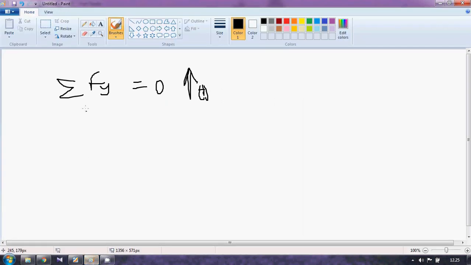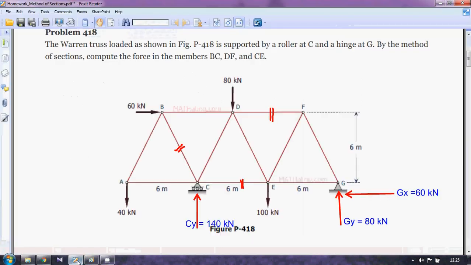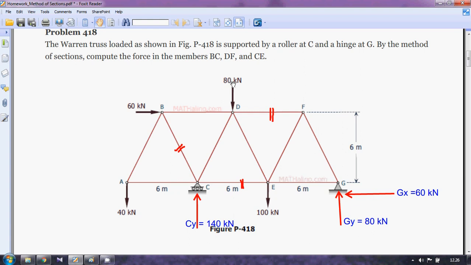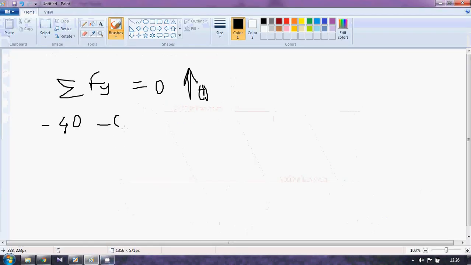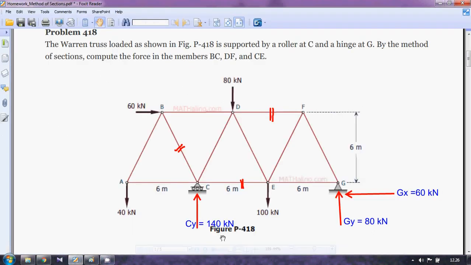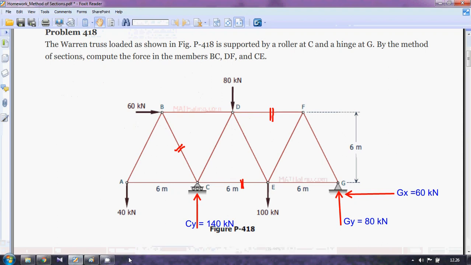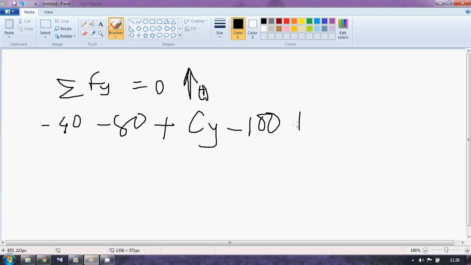Or if you want, you can show summation Fy equal to 0 by taking the vertical forces. For example, minus 40, minus 80, Cy will be upward, I have taken, so plus Cy, and minus 100 and plus 80 equals to 0.